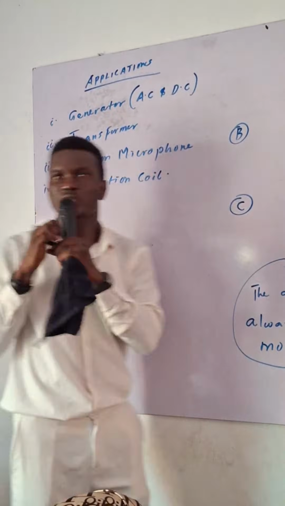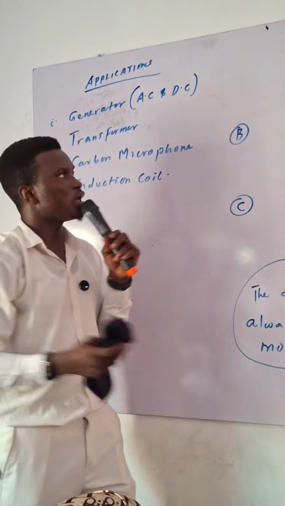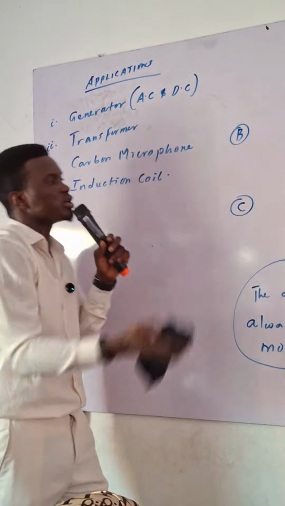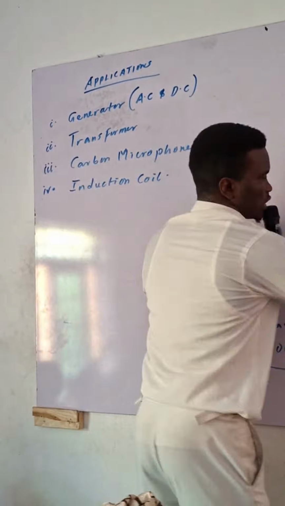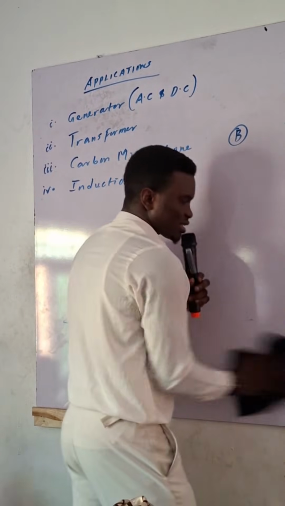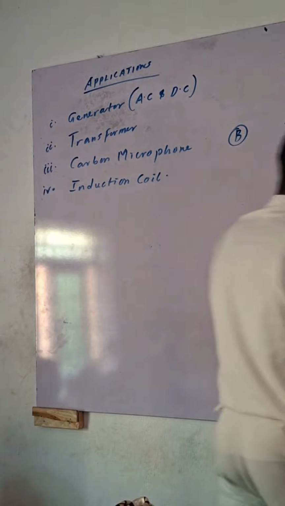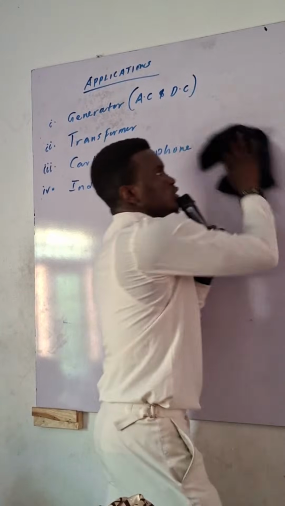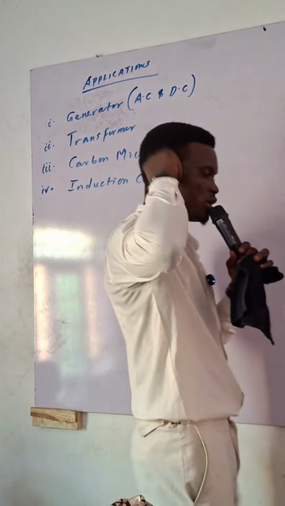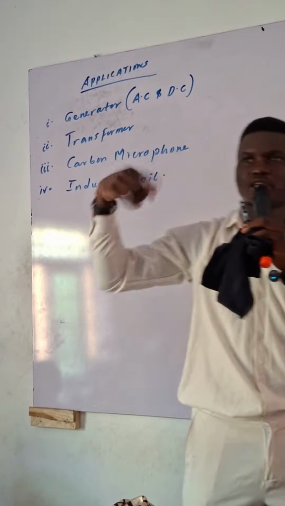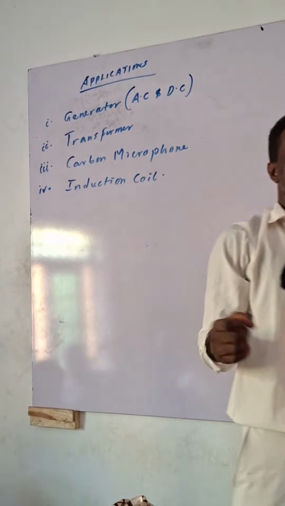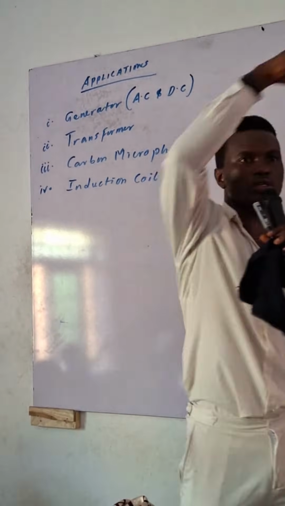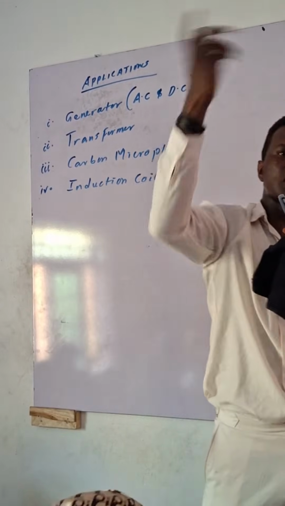Starting with the generator. In the power station, what NEPA does is drive a turbine. There's something like a giant magnet, and they rotate the magnet using waterfall or some other means.